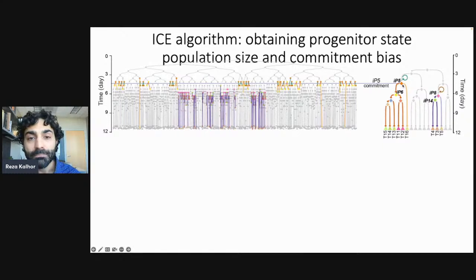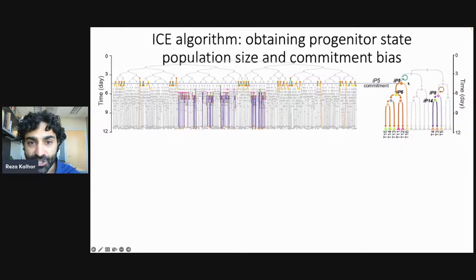On the right, I am showing the topology of the fate map that has been inferred. On the left, I am showing the time-scaled phylogeny. This horizontal line shows the commitment time for inferred progenitor state 5, which we just obtained from the last step. This line crosses a bunch of branches in the phylogenetic tree.